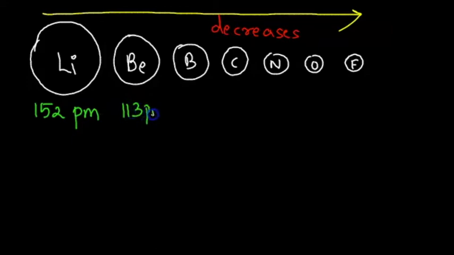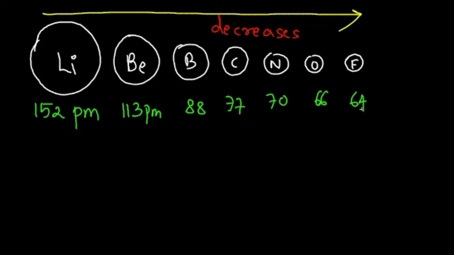Beryllium is 113, boron is 88, carbon 77, nitrogen 70, oxygen 66, fluorine is 64. I believe neon is slightly bigger than fluorine at 69. So there are some exceptions, but generally speaking, as we go from left to right, the atomic radius decreases. The question is why?